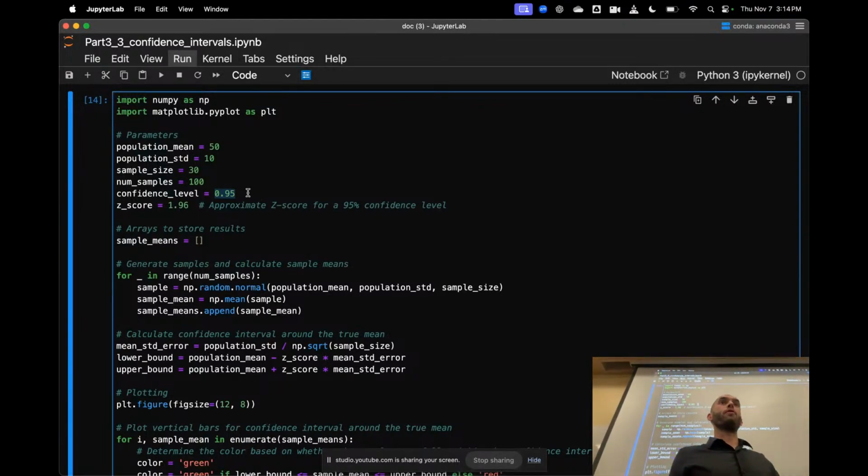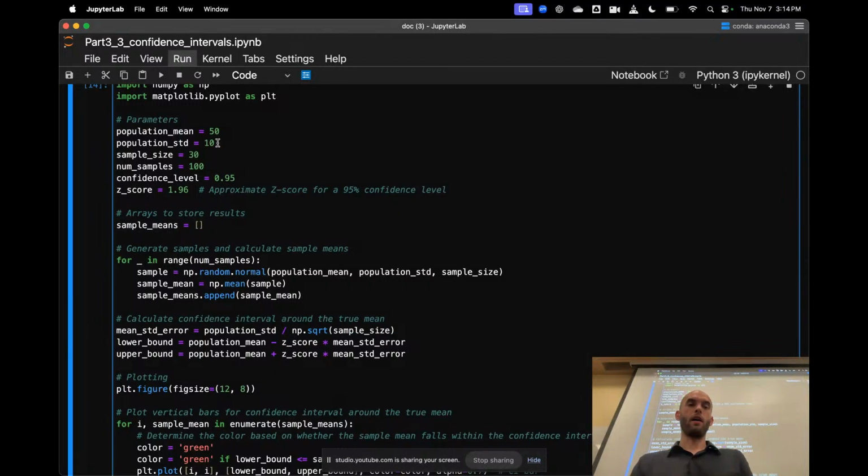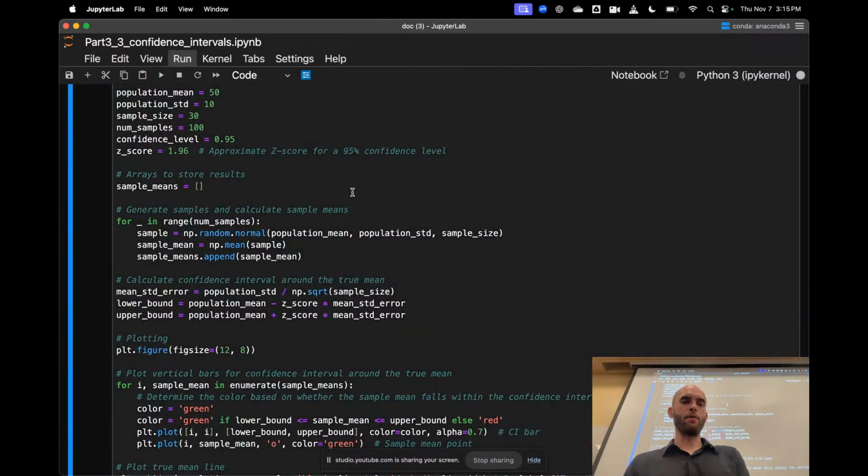We know what the truth is in this example. It's going to be 50, and we know the standard deviation is 10. But our inference machine will not know. So we're going to check how often our samples fall within our confidence interval. I'm going to run this, and then we'll talk about the plot.